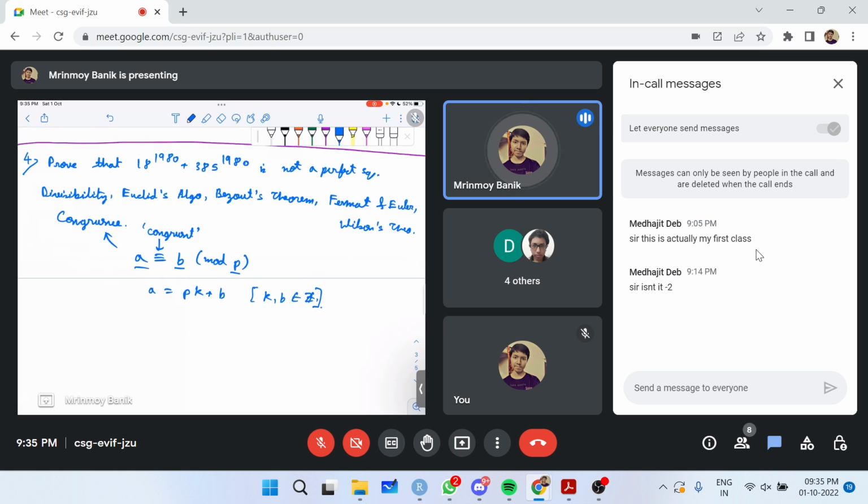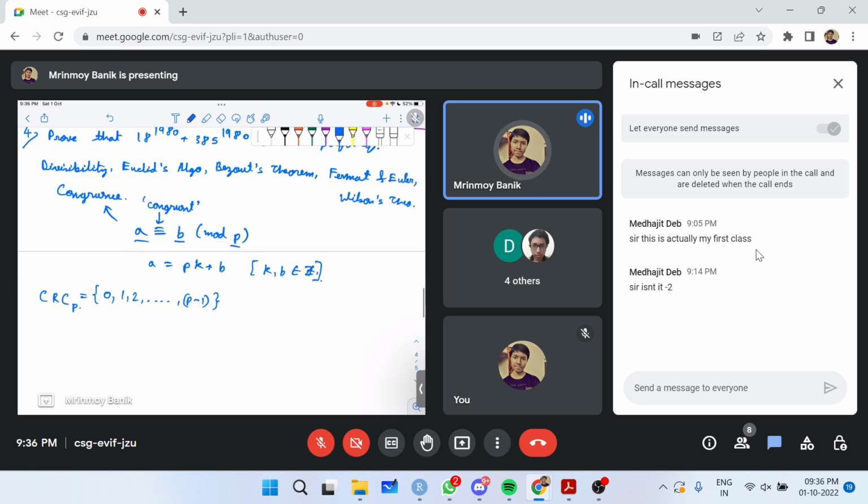So when I talk about quadratic residues, you see the set of all remainders when you divide by a number p is 0, 1 up to p minus 1, right? So this set is what we call the complete residue class of p, or CRC.